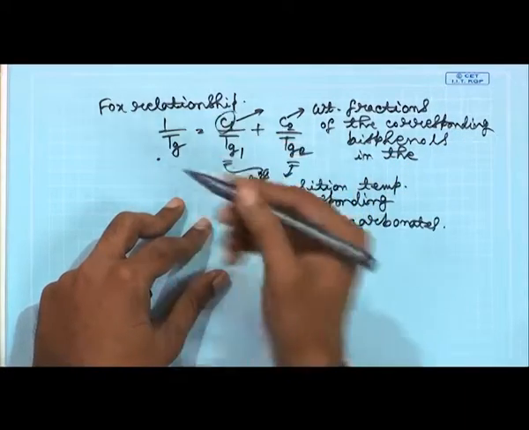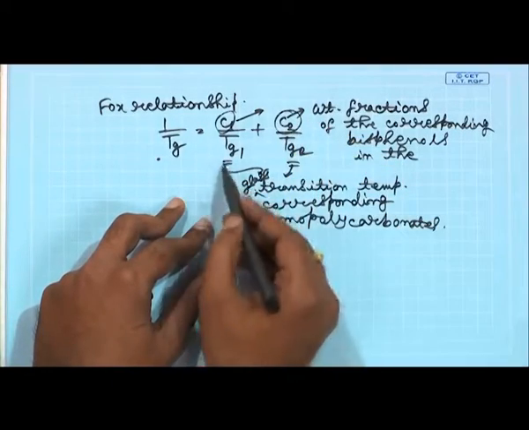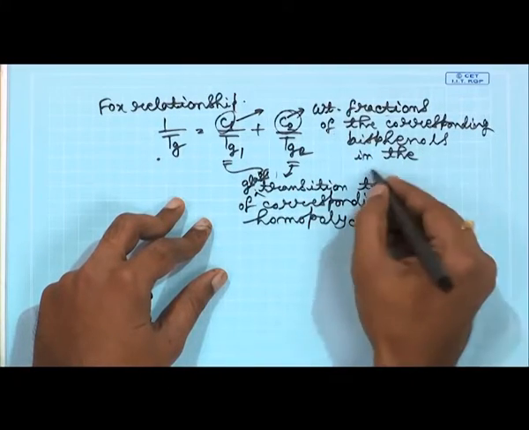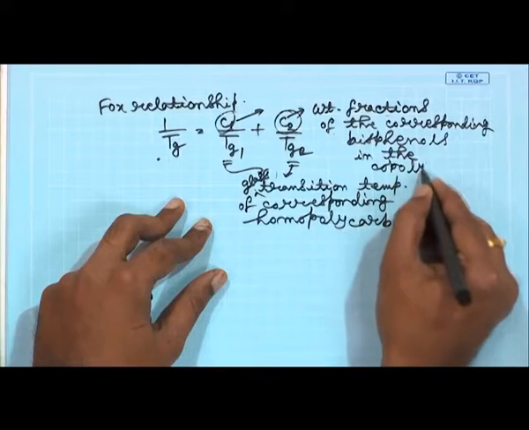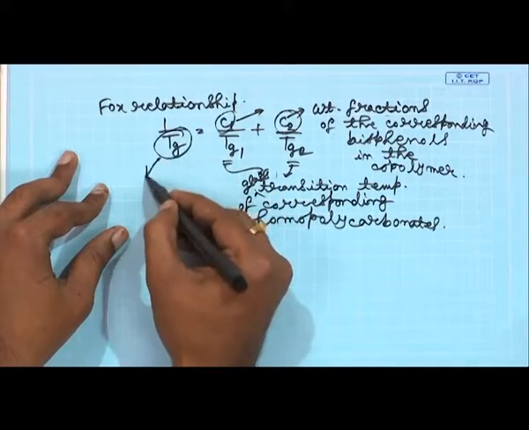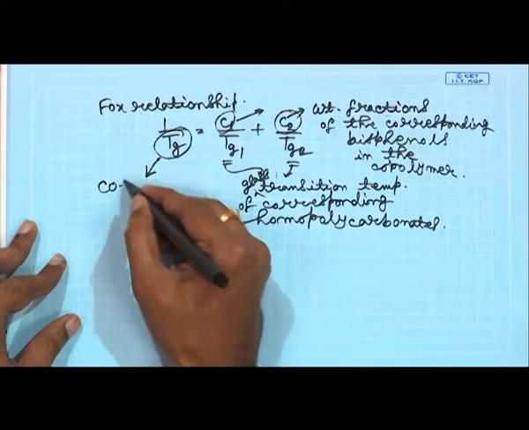So, this may be bisphenol A, this may be bisphenol trimethyl cyclohexane, and this is the corresponding glass transition temperature of the homopolymers. So, weight fractions of the corresponding bisphenols in the copolymer, and then this Tg is basically the Tg of your copolycarbonate. This is how you can get your Tg, copolycarbonate.